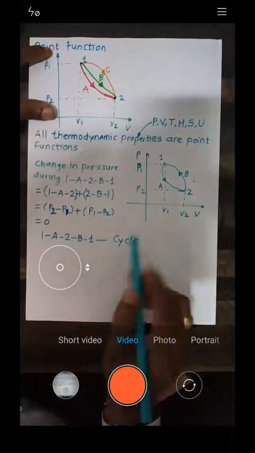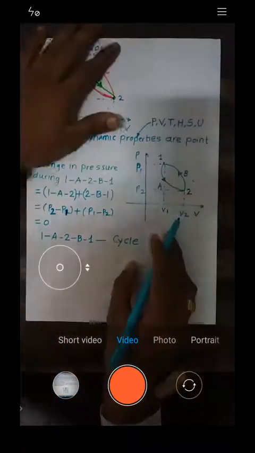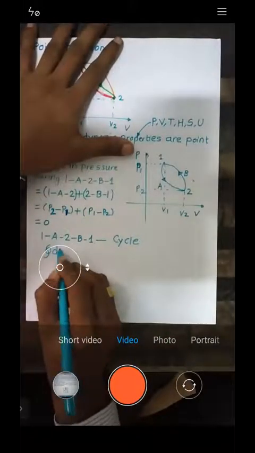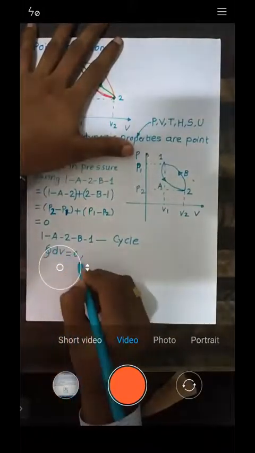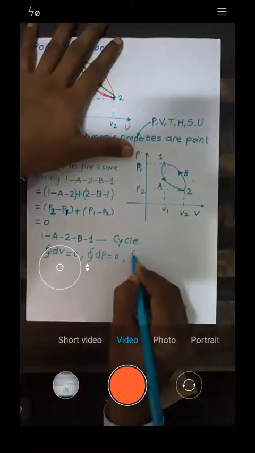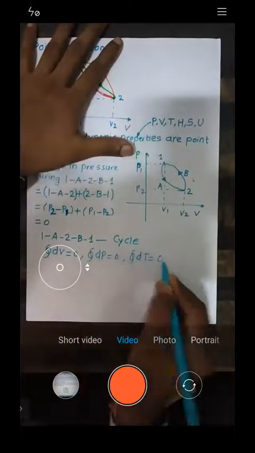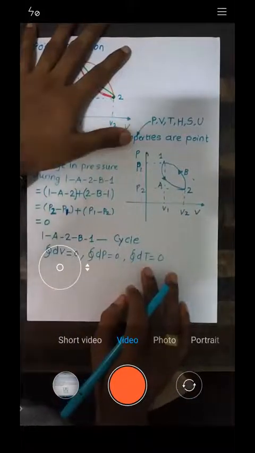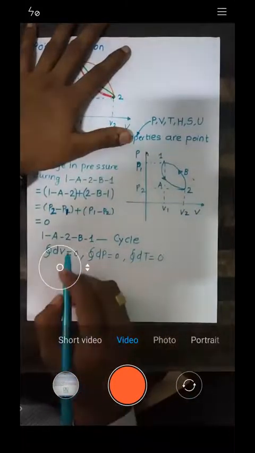So whenever any system executes a cycle, cyclic integral of volume is 0, cyclic integral of pressure is 0, cyclic integral of temperature is 0. Basically, cyclic integral of thermodynamic properties is 0. See, what is dV?